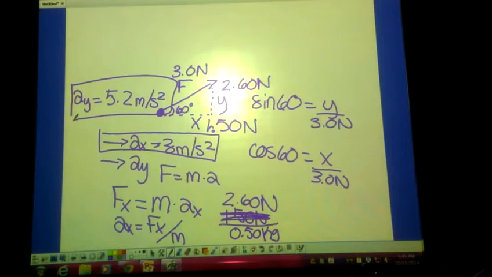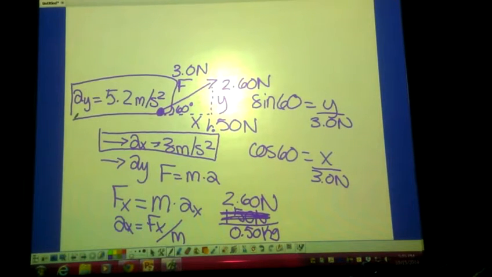Okay, so I've answered the question in that I found the force component in the x, the force component in the y, and then I knew the mass, so I could find the acceleration in the x and in the y, okay? So that one, again, is on the easier side of problems.